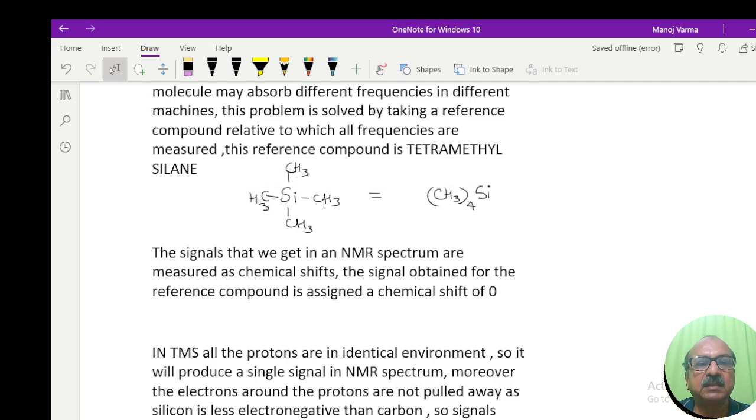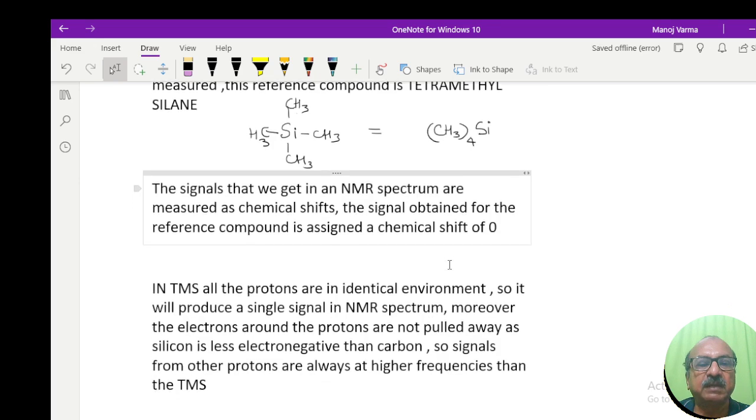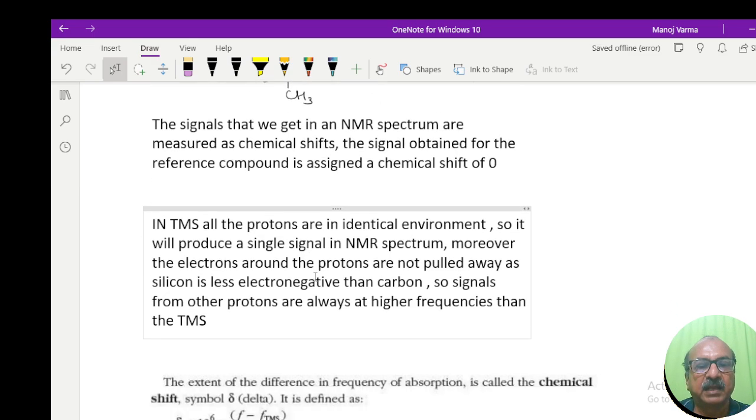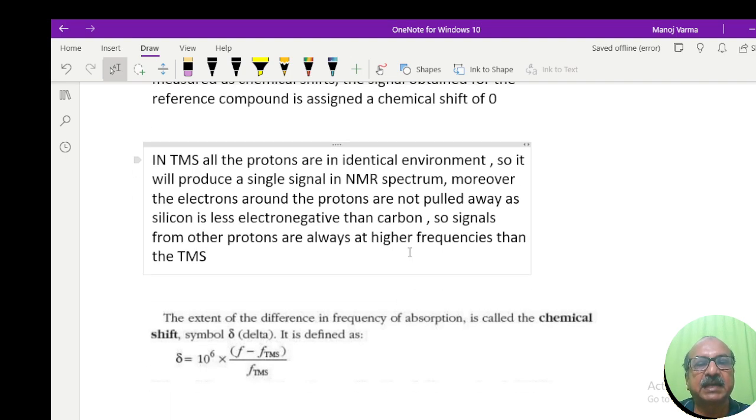Because here all the 4 methyl groups have the same environment, so this compound will give only one single signal in the NMR spectrum, and moreover the electrons around the protons are not pulled away towards silicon, because silicon is less electronegative than carbon, and therefore the nuclei is properly shielded by the electrons, and therefore it will always require a higher frequency for the transition to take place, whereas all other atoms will require lower frequencies.